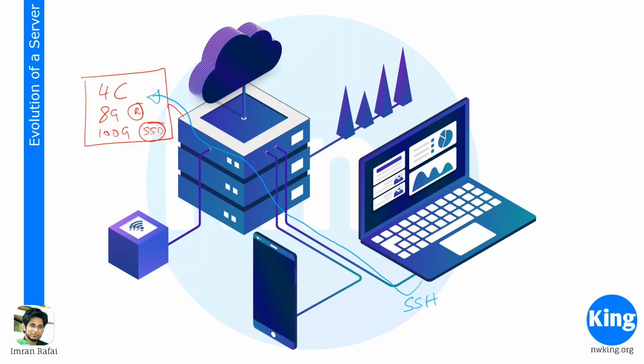Now December comes, it's Christmas time, and suddenly you have a massive amount of traffic coming in, right? It could be gigabytes of traffic coming every hour into your virtual machine, into your website. And of course, with 4 cores and 8 GB, it cannot handle that type of traffic.